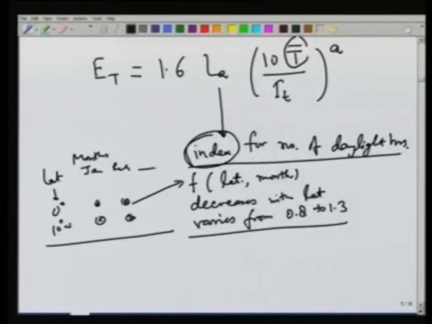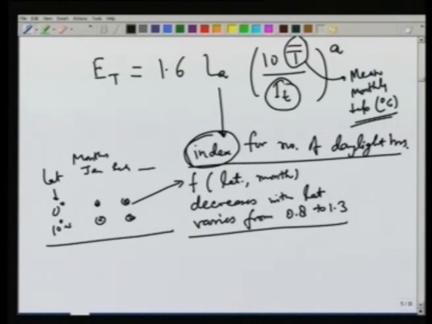T bar, as we have used before, is the mean monthly temperature, but now we use degree Celsius rather than degree Fahrenheit. The other term I_T is a heat index, and this is defined on the basis of the mean monthly temperature, summation over all the months.